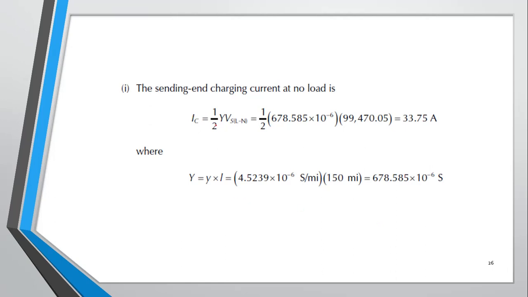The charging current is the capacitor current, so it is 1 by 2 Y times V. Y is small y into L, because if we multiply by L, we get the maximum total value of Y. This Y value is used over here.